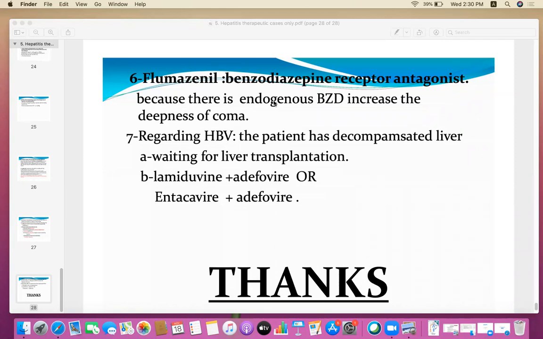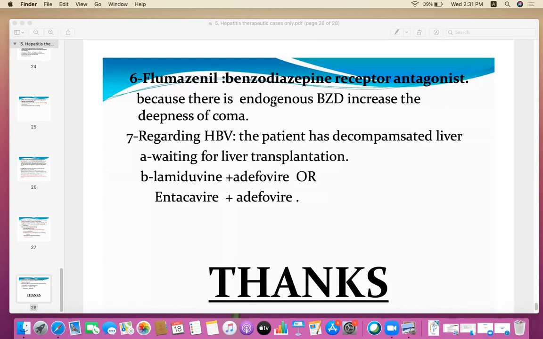interferon alpha 2a. It is indicated in the management of chronic HBV, acute HCV, and chronic HCV infections. Second most important drug is entecavir from the nucleoside reverse transcriptase inhibitor category.